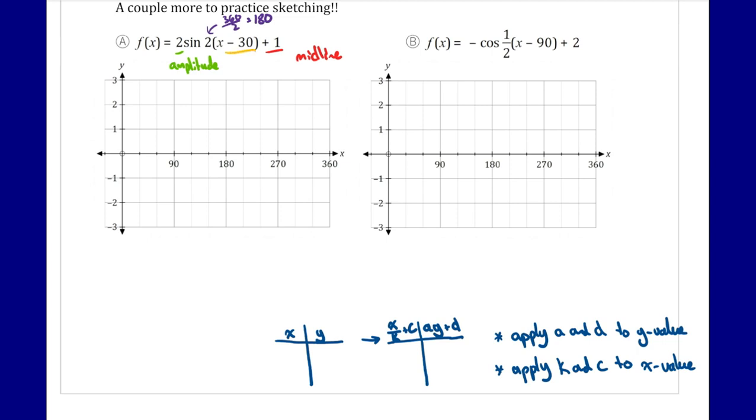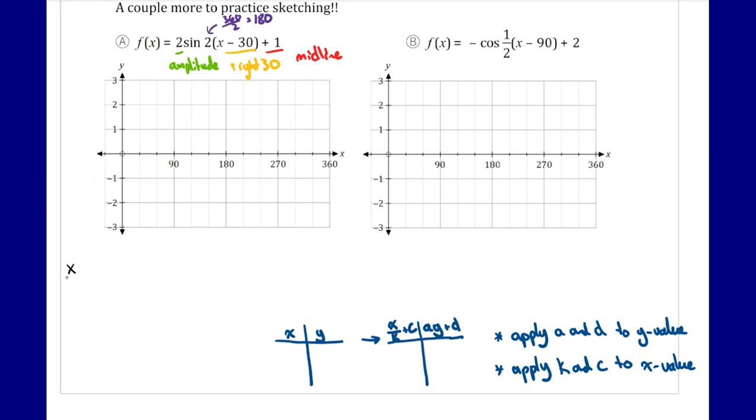And lastly, this minus 30 tells us that we are actually moving to the right 30 degrees, opposite of what we see. So how can those values help us sketch? We could apply each one individually, one at a time, and get our final transformation. We may want to do it all at once.